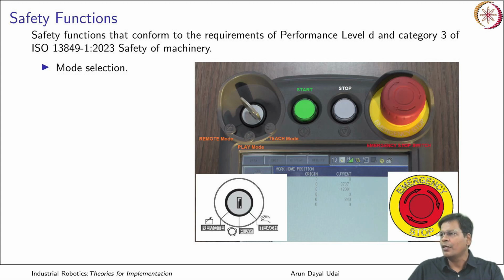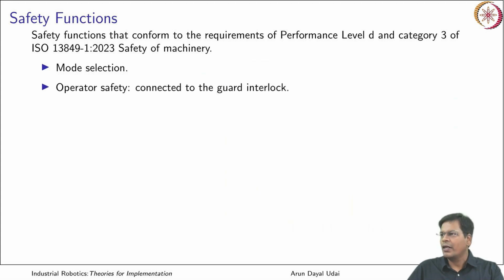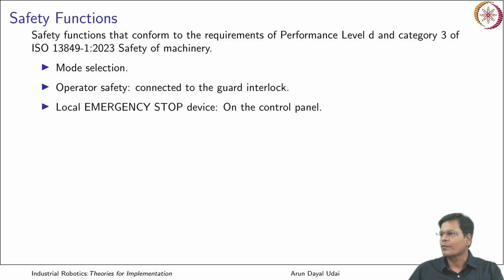Okay, so this is the mode selection switch, and then you have operator safety, that is connected to the guard interlock. That is there in the case of the gate. As soon as it opens, there is an interlock that stops the robot. That is for operator safety. And the local emergency stop switch, that you have also seen.